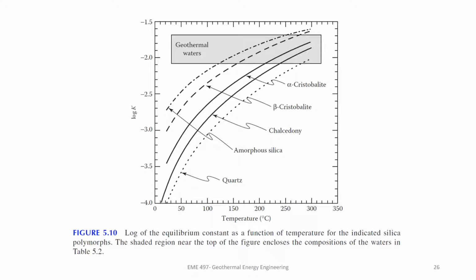The rate at which silica precipitation occurs is not really predictable, despite the work that has been done to evaluate silica polymorph precipitation and dissolution kinetics. It has been shown that the precipitation rate of amorphous silica in New Zealand geothermal systems is influenced by the concentration of aluminum in solution as well as other things.